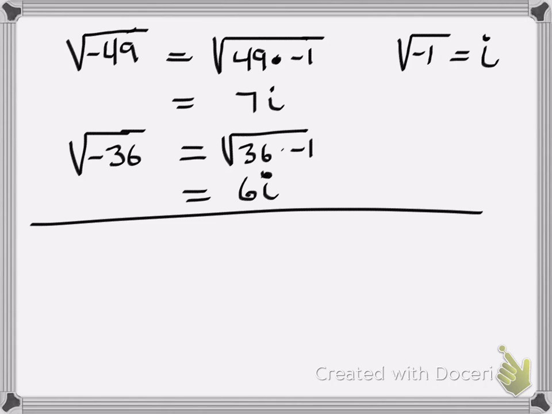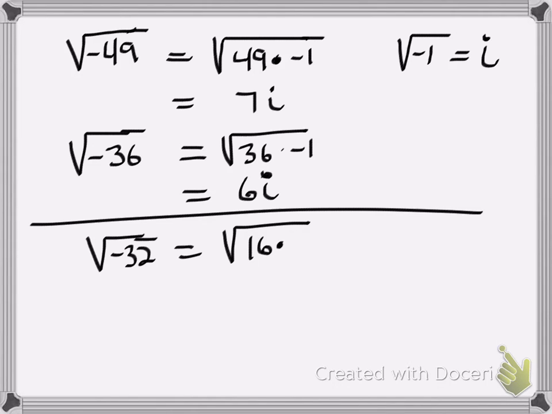All right, what happens if I have something like this? What do you think we do? Shaylin. So maybe break it up like 16 times -1 times 2. I always do my perfect squares first.